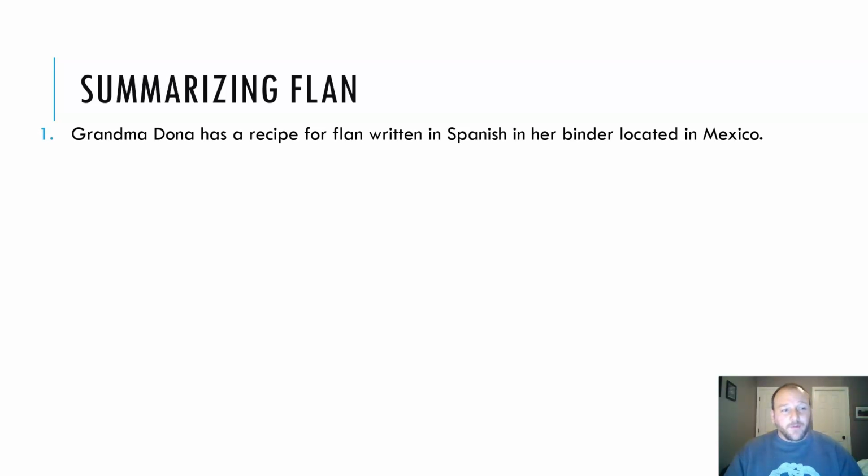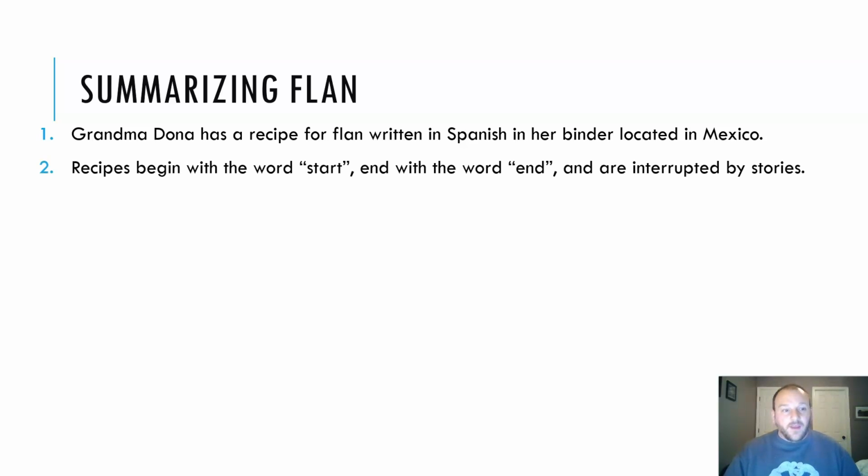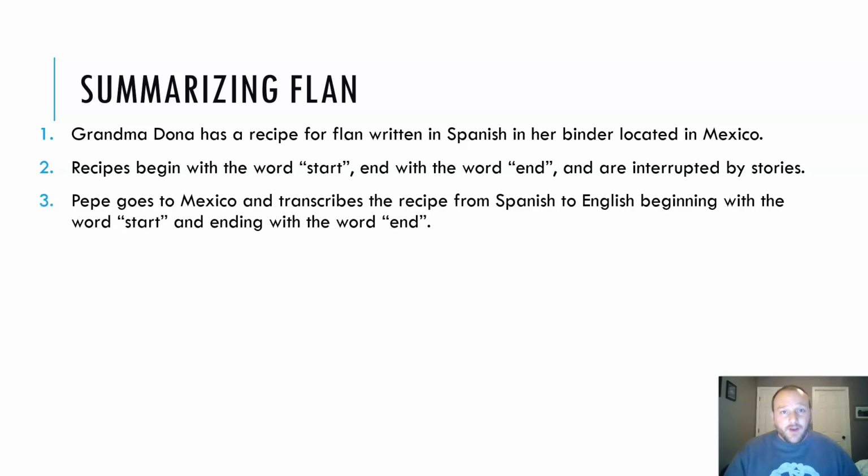Well, again, number 1, Grandma Doña has a recipe for flan written in Spanish in her binder in Mexico. Recipes begin with the word start and end with the word end, and they're interrupted by these weird little stories. Pepe goes into Mexico and transcribes, rewrites the recipe from Spanish to English, beginning with the word start and ending with the word end.